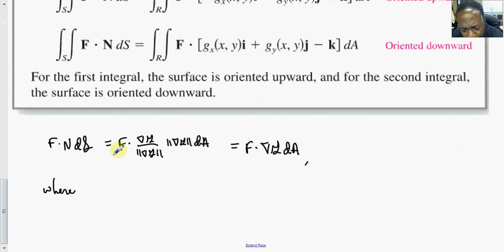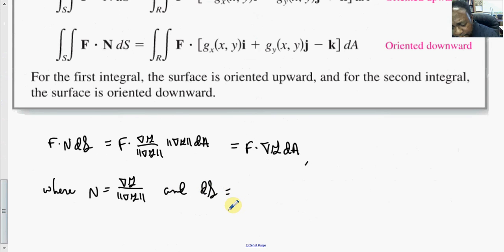Here N is equal to the gradient of G divided by its norm. It's the unit normal vector. And dS is equal to the norm of the gradient of G times dA.